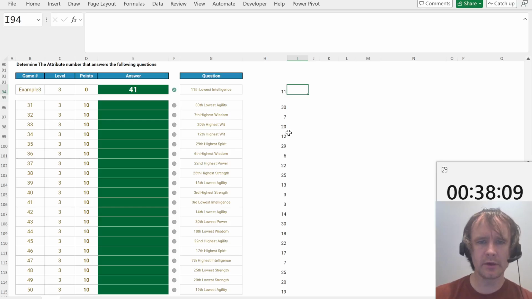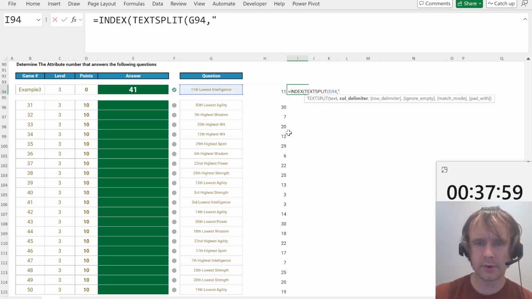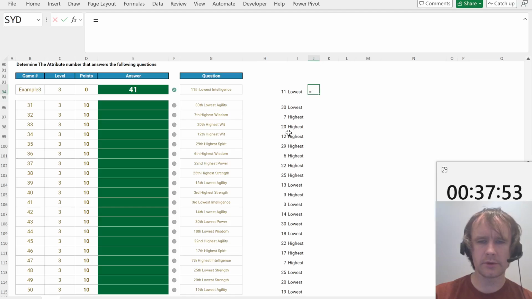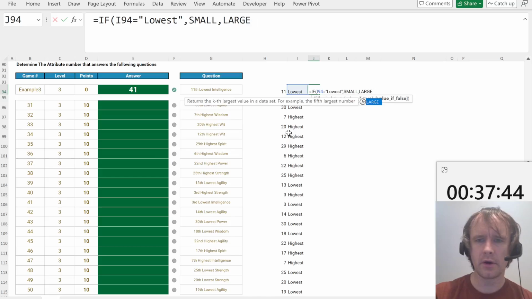So then, I guess equals INDEX TEXTSPLIT of this by space, 2. So equals IF this equals lowest, then small, else large, of what?